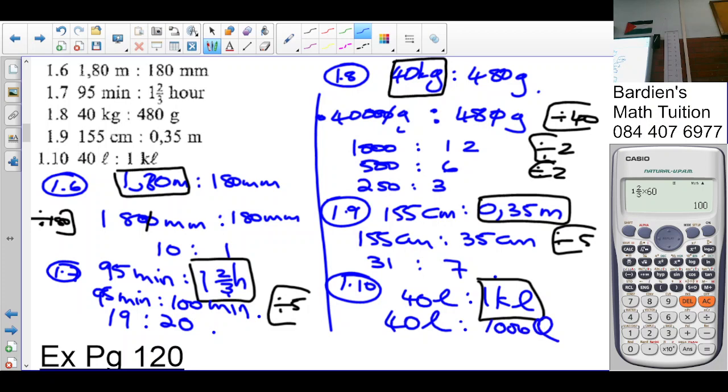So what number goes into both? 20. So 40 divided by 20 is 2. 1,000 divided by 20 is? Sorry? 50. Is that in the simplest form? No?